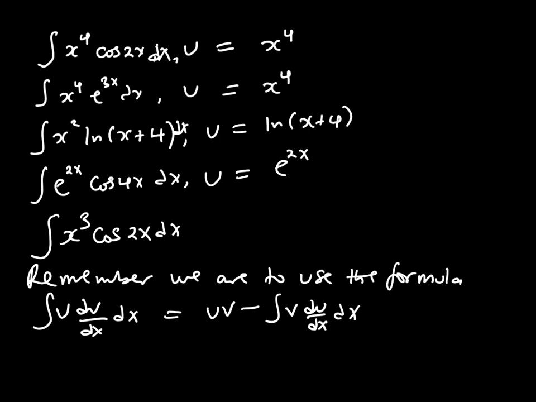In this case, we let u be equal to x cubed, meaning that du by dx is equal to 3x squared. Then dv by dx is equal to cosine of 2x.